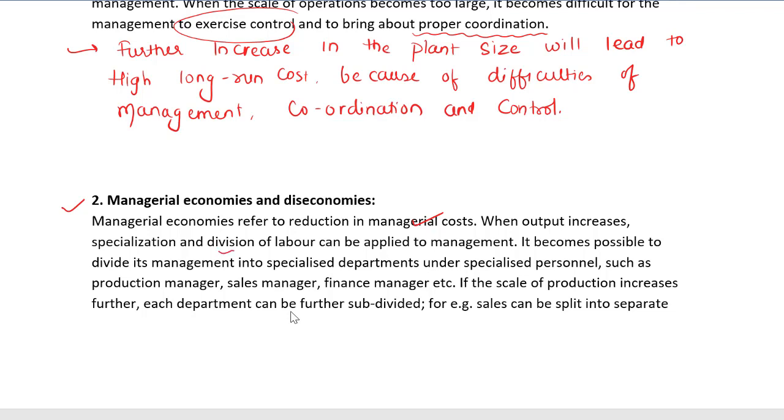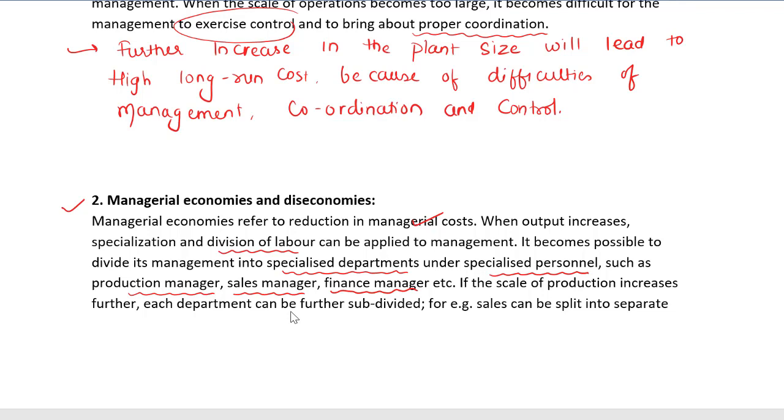Specialization of division of labor can be applied to management. It becomes possible to divide its management into specialized departments under specialized personnel such as production manager, sales manager, finance manager, etc.